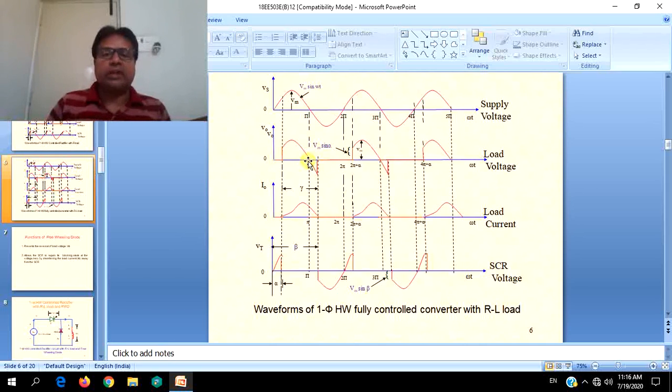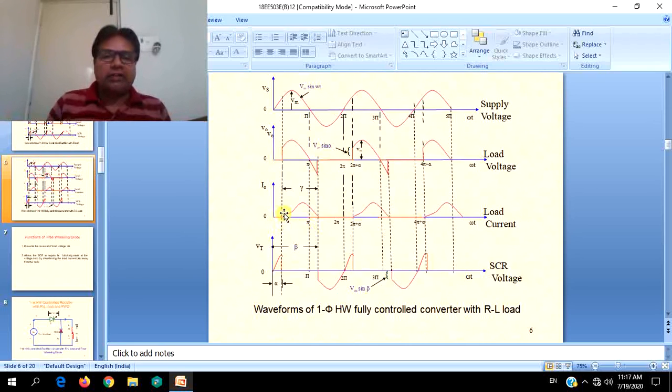So at 180 degrees, the forward voltage becomes 0, but there is still some current left over flowing through the load, and due to inductance it cannot immediately become 0. Instead, that current will take some more time to decrease gradually and become 0 at a certain angle called beta.